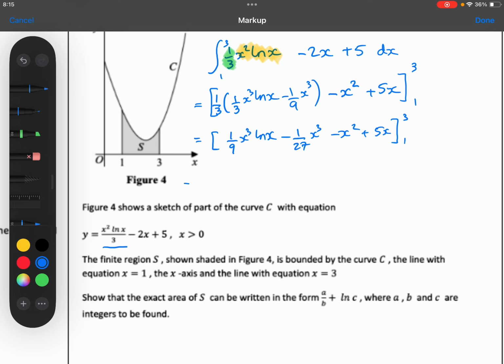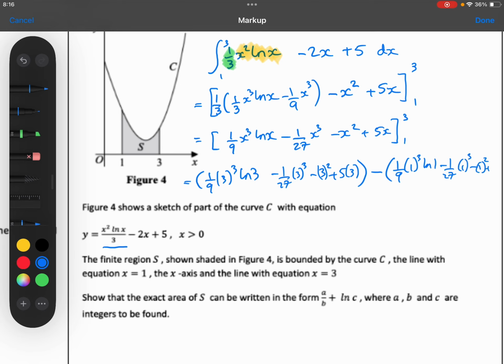And substituting the 3 in then. Then substituting the 1 in. And we're going to simplify this then.